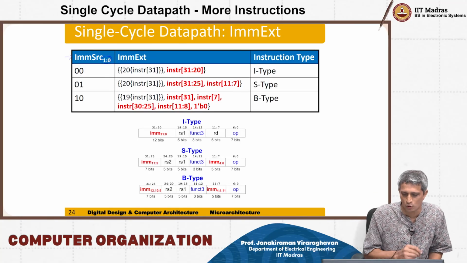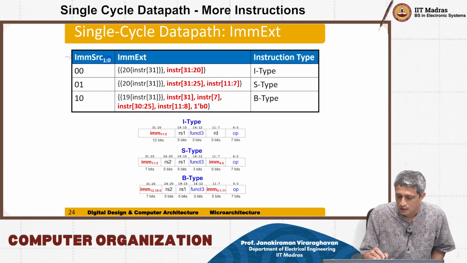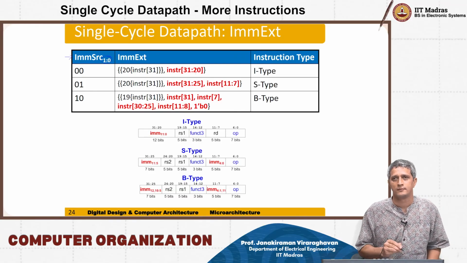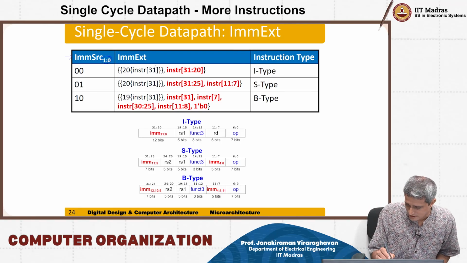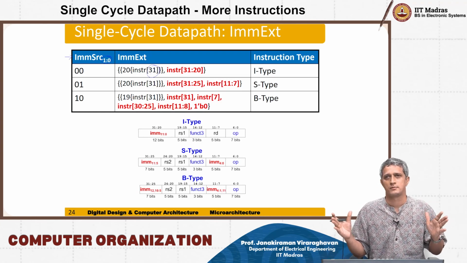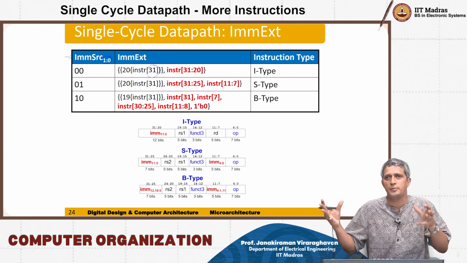If it is 0, 0, that means you treat instruction bits 31 to 20 as the I type instruction 12 bits, and then sign extend bit 31 20 times, and you will get the 32-bit immediate data.